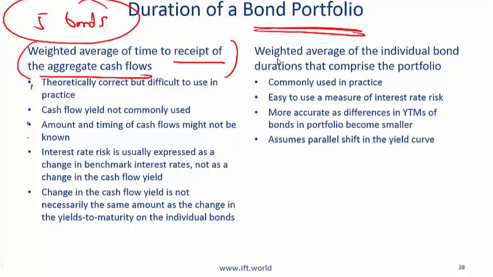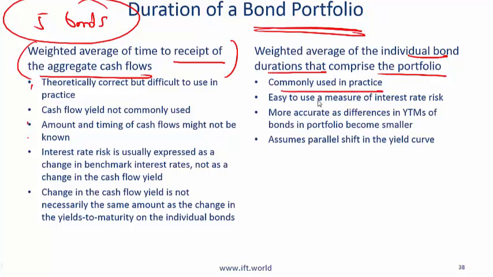But the more common and practical approach is to take the weighted average of the individual bond durations that comprise the portfolio. So if you have these 5 bonds, let's say they are all there in equal percentages, so 20% each, and you have the durations of those 5 bonds, you just take the weighted average of the durations of those 5 bonds.